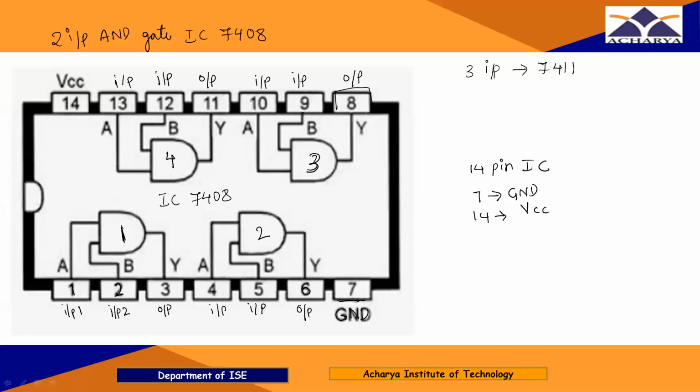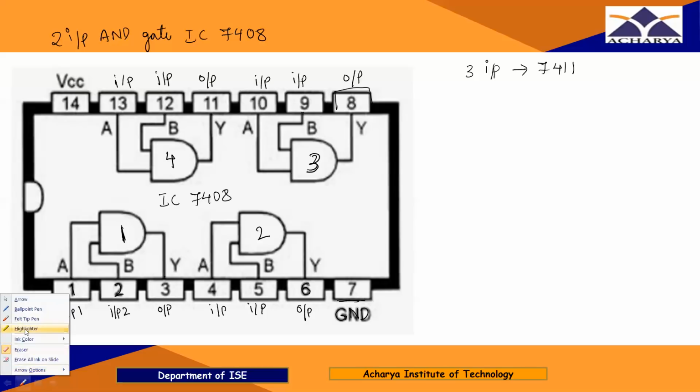Next, I'll draw the 3 input AND gate, right? So here I'll take a color. So I'll draw here.